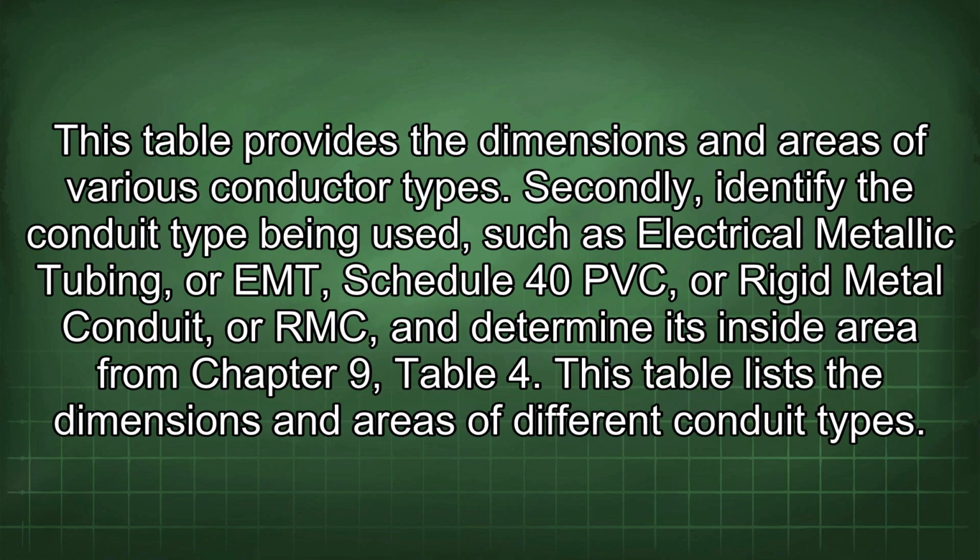This table provides the dimensions and areas of various conductor types. Secondly, identify the conduit type being used, such as electrical metallic tubing, or EMT, Schedule 40 PVC, or rigid metal conduit, or RMC, and determine its inside area from Chapter 9, Table 4. This table lists the dimensions and areas of different conduit types.